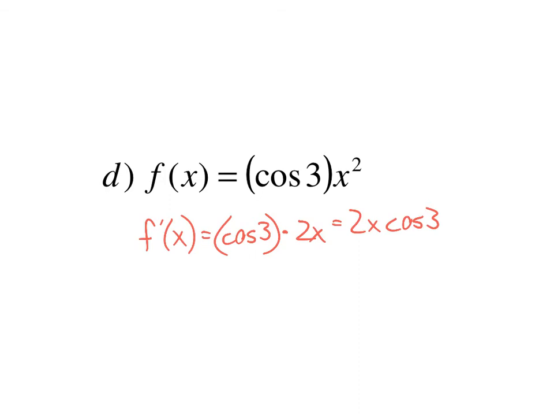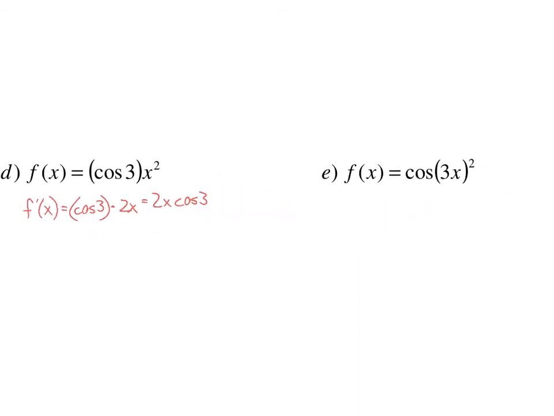One, we just have a constant we're dealing with. So if it's a constant multiplied by something else, it just stays. This is no different than if we had 4x squared. You would do 4 times 2 is 8, x to the first, and you don't have to do product rules or anything.